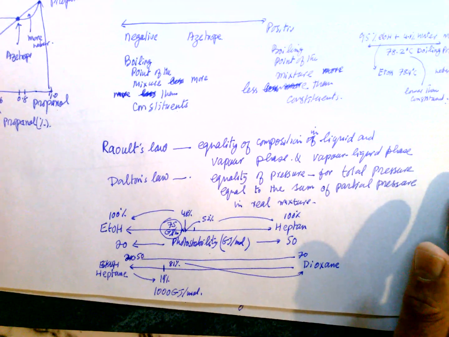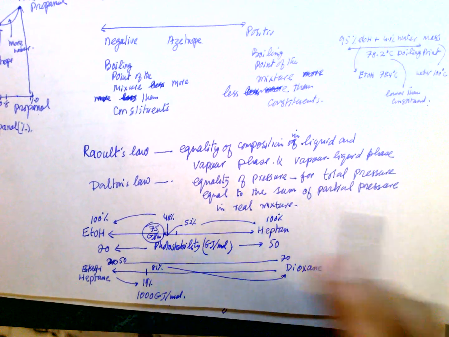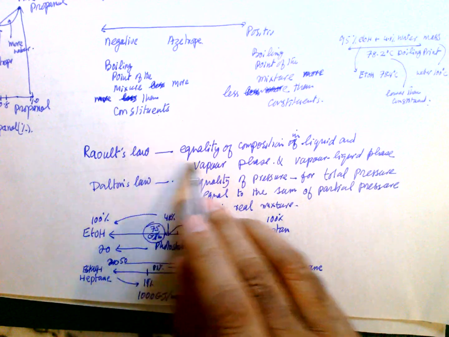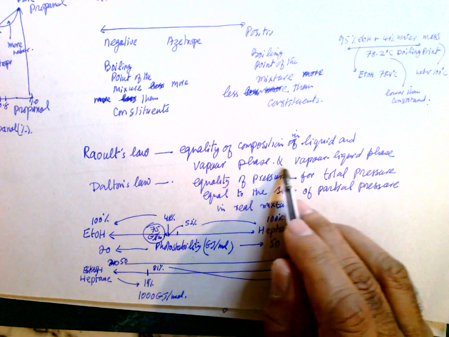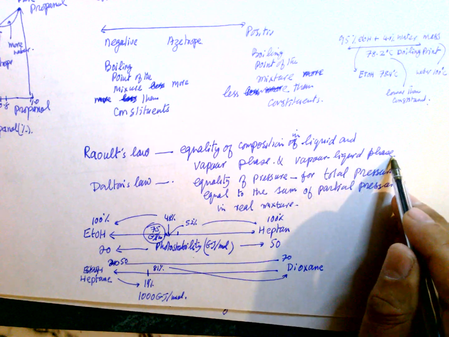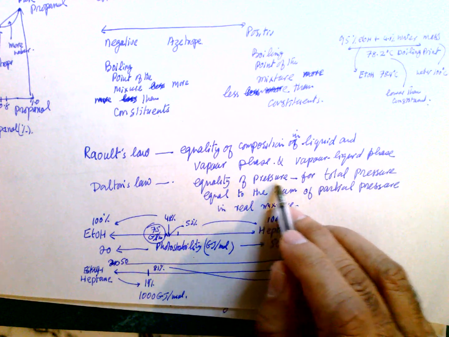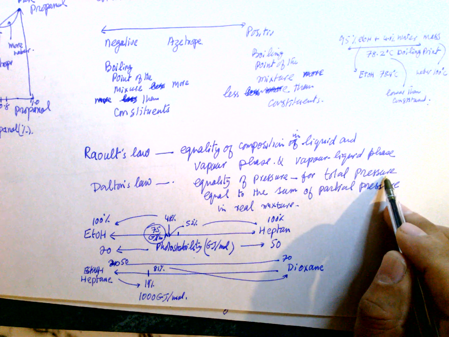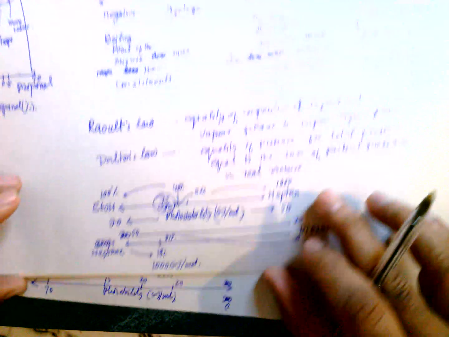These are because of Raoult's law, the equality of the composition in the liquid and vapor phase, and Dalton's law, the total pressure equals the sum of the partial pressures.